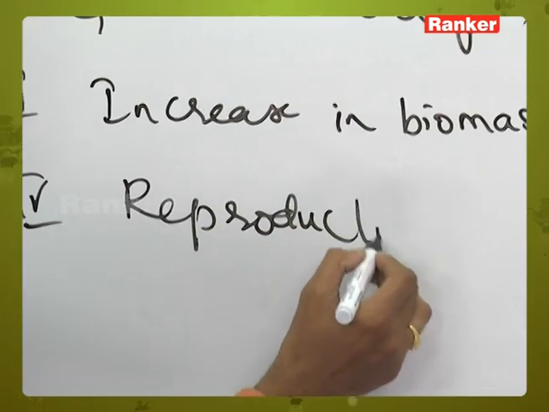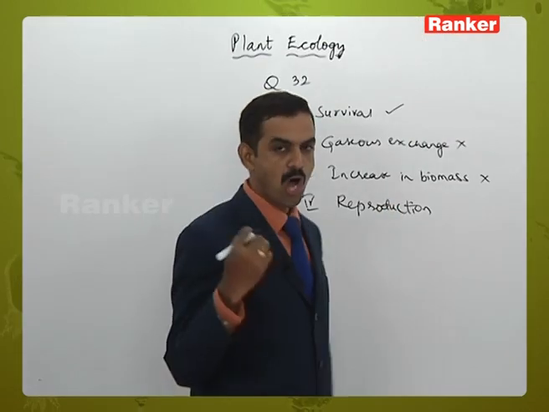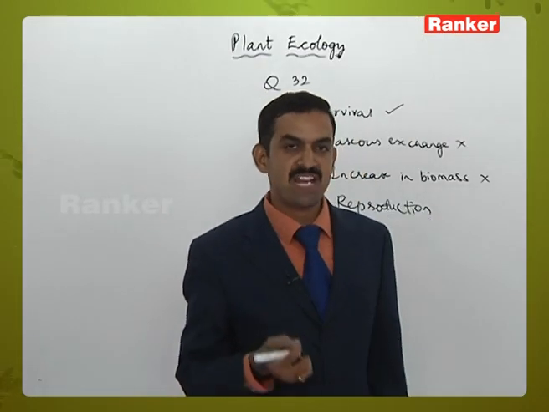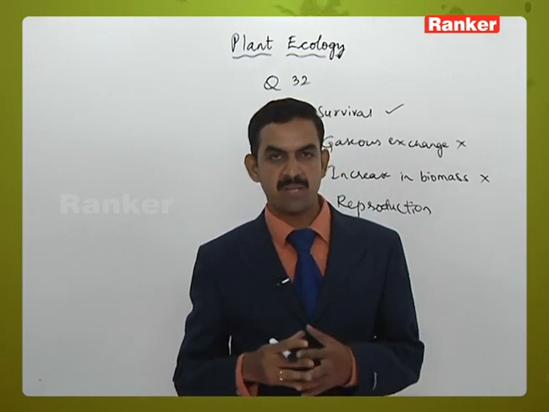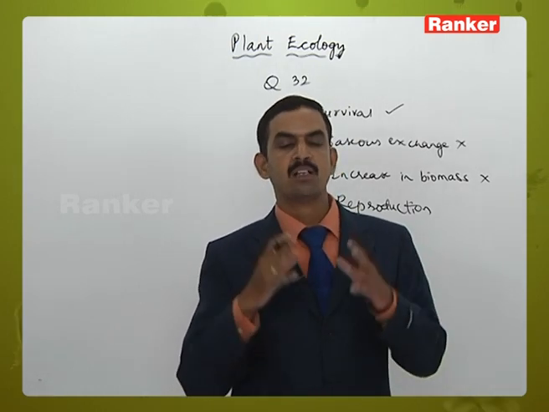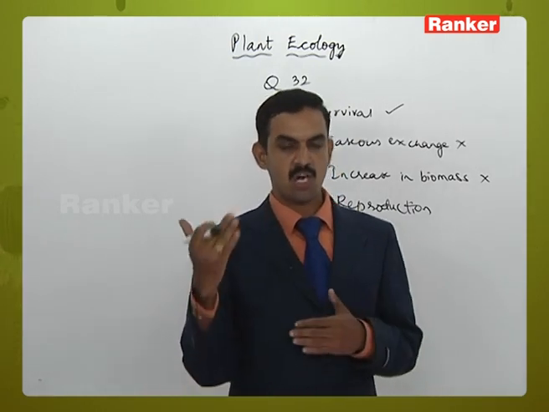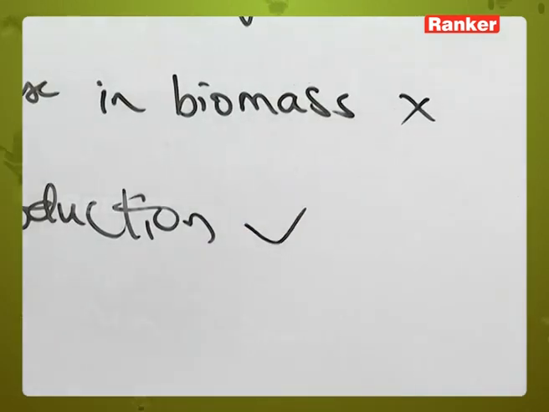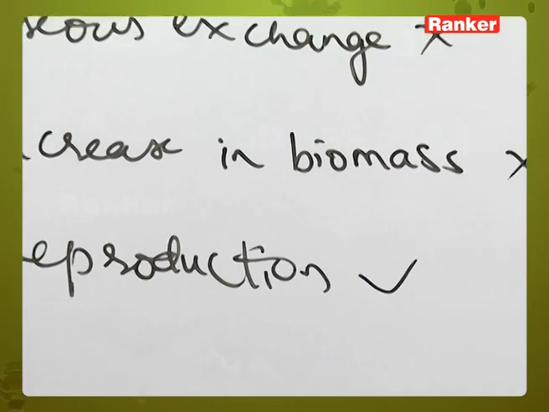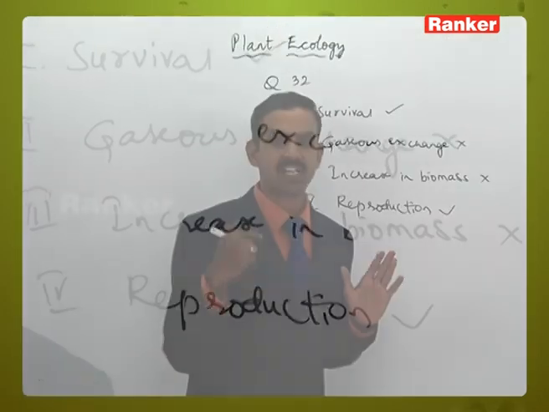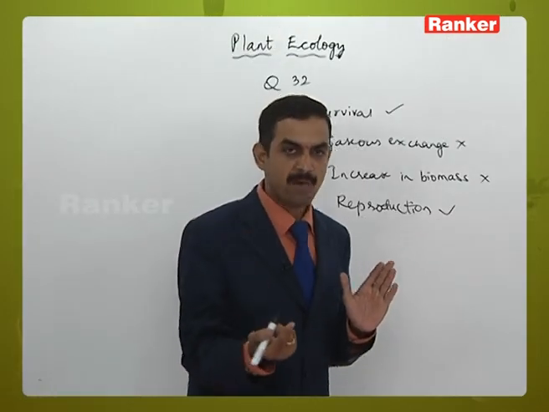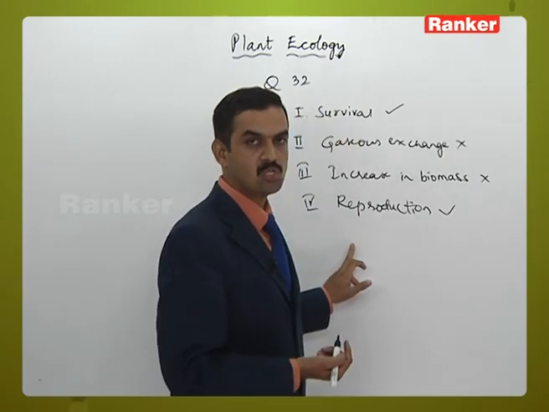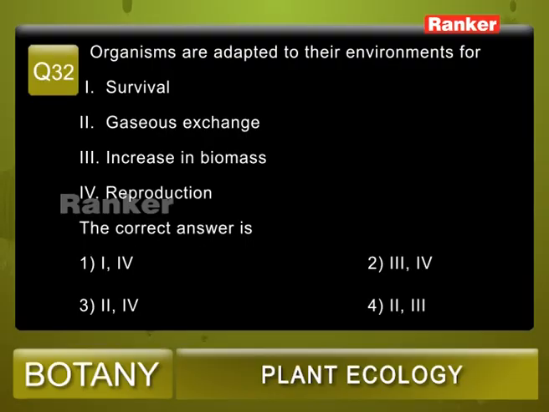Here we can say that the plants or any organism will get adapted to the environment in order to perform reproduction, so that they can increase their daughter species and continue their race. So this is correct. From the given options, 1 and 4 are the correct characters where the organism is adapted to the environment for survival and also for reproduction. So question number 32, the correct answer is 1.